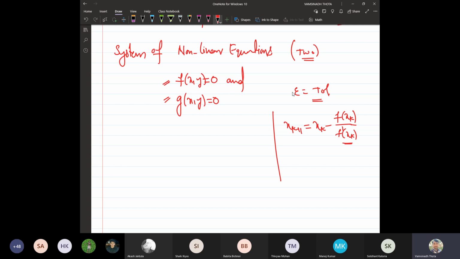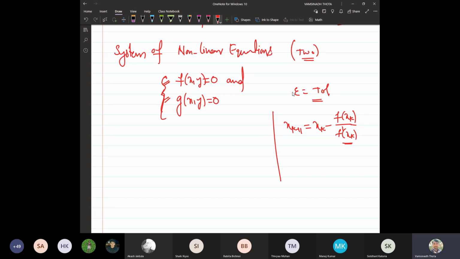But here we have two independent variables, so instead of derivatives, we should deal with partial derivatives of f. At the same time, we are interested in a common solution for both f and g. So partial derivatives of f and partial derivatives of g are there, that is f x, f y, g x, g y.